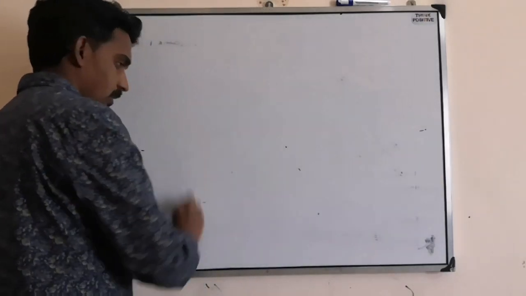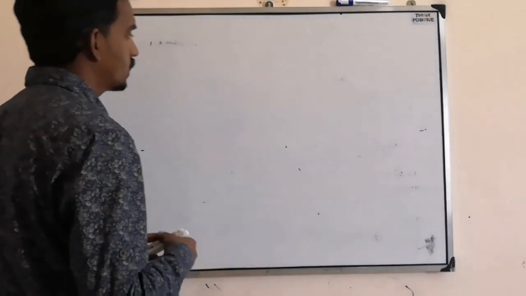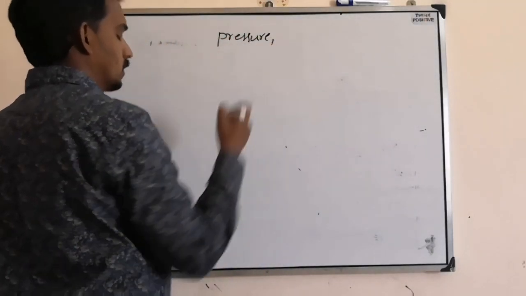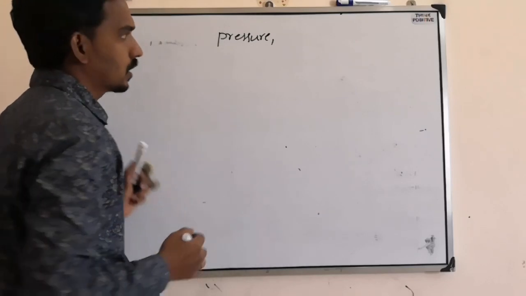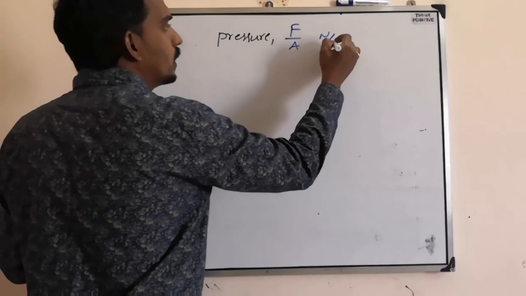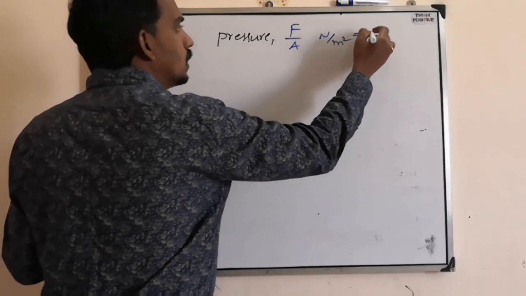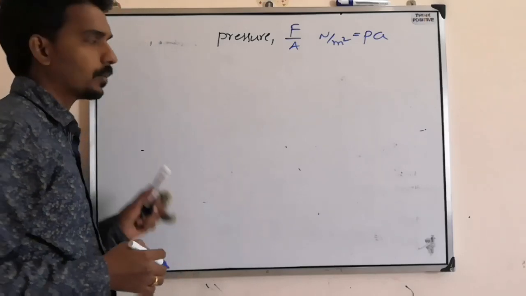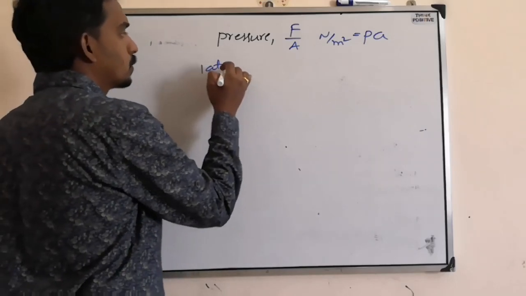The next question is about pressure. What is pressure? Last class we saw stress, and it is the same formula, force by area. The unit is Newton per meter square, and this we call Pascal. In this chapter we will also get atmosphere.